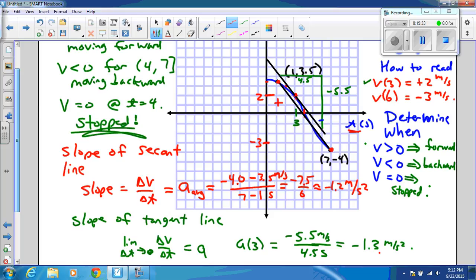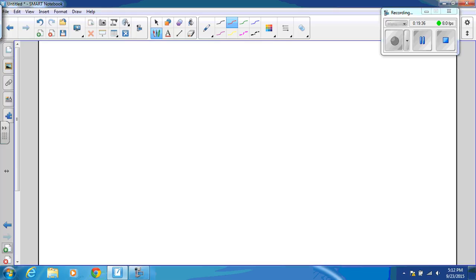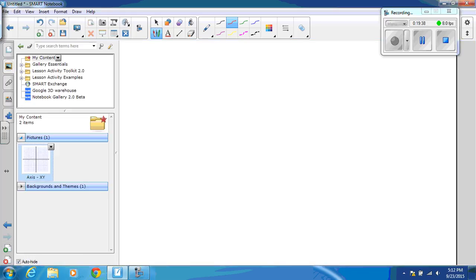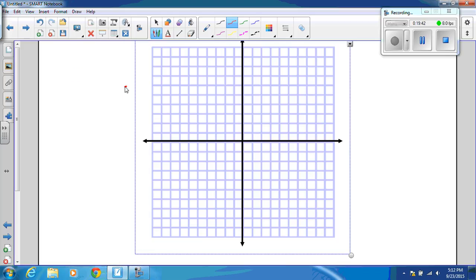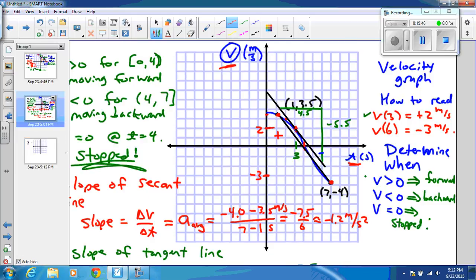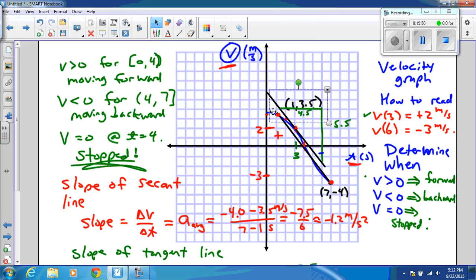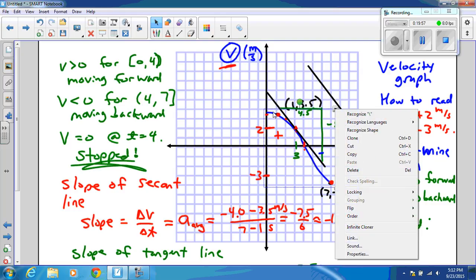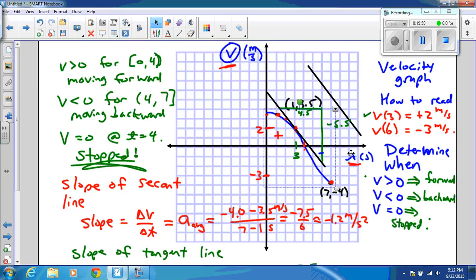Well, there's one more trick that velocity graphs have up their sleeves. So I'm going to give myself a new page and make a copy of our velocity graph. Let me see if I can select just the curve right there.